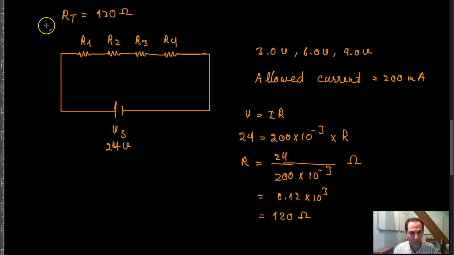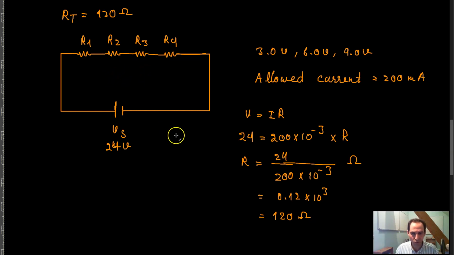If the total resistance in the circuit is 120 ohms, then based on the voltage on my power supply, the current becomes 200 milliamps, and the current problem is taken care of.